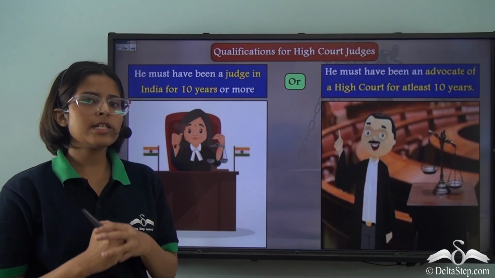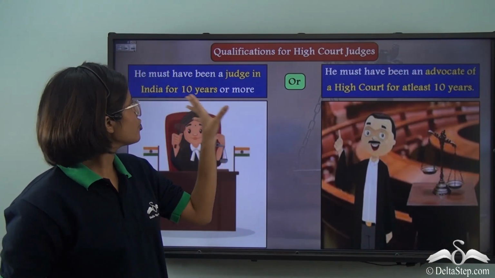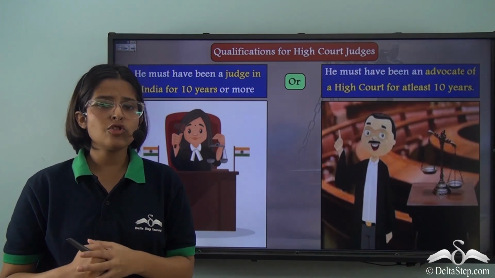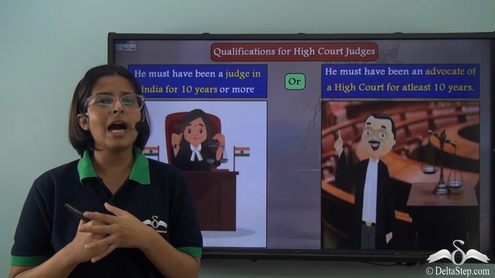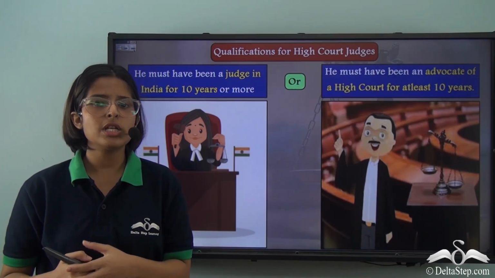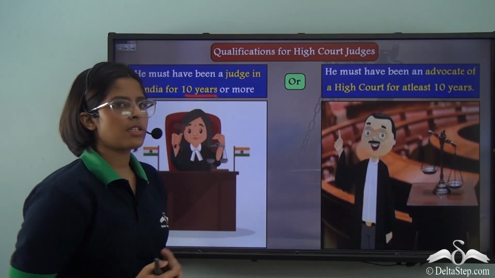So, the Constitution says that he must have been a judge in India for 10 years or more. So, the judge who gets appointed as the High Court judge should already have an experience of being a judge in any of the Indian courts for at least 10 years.